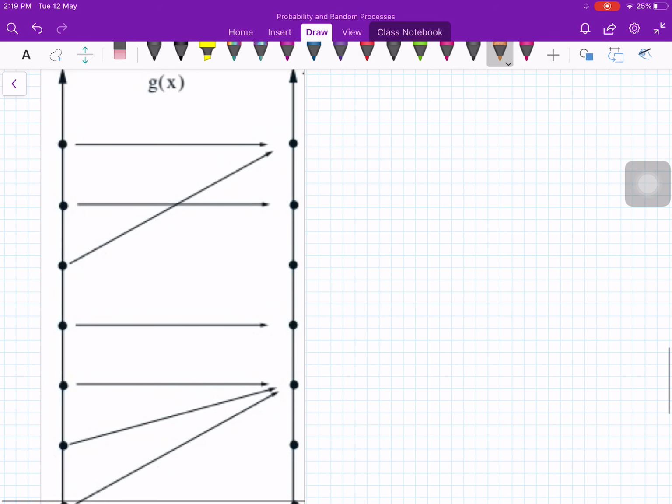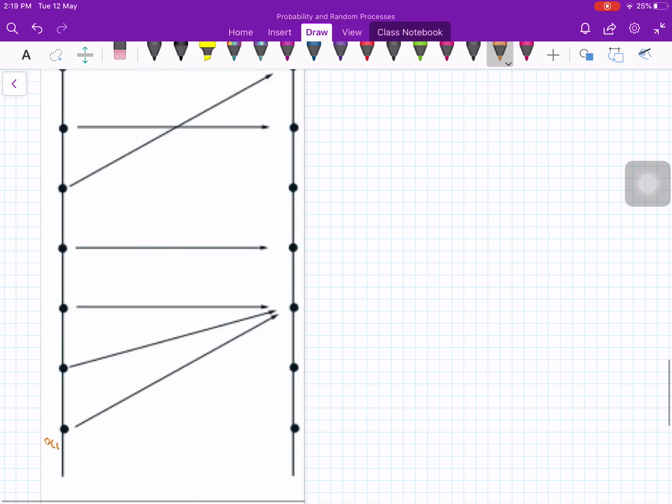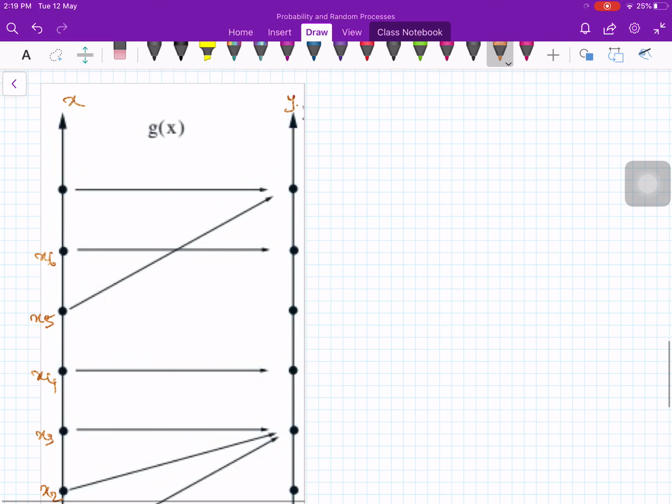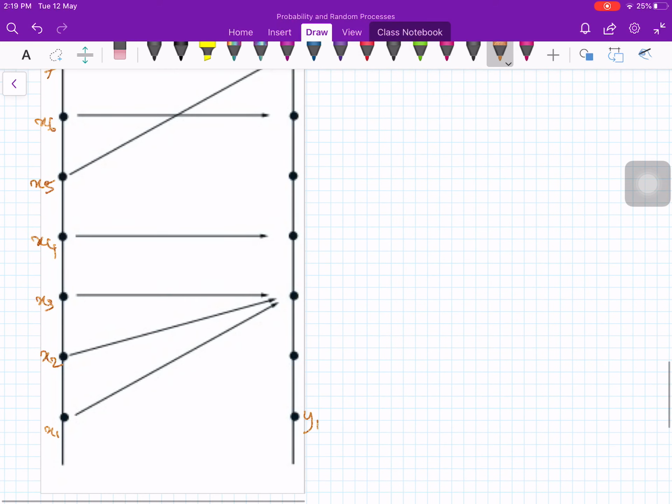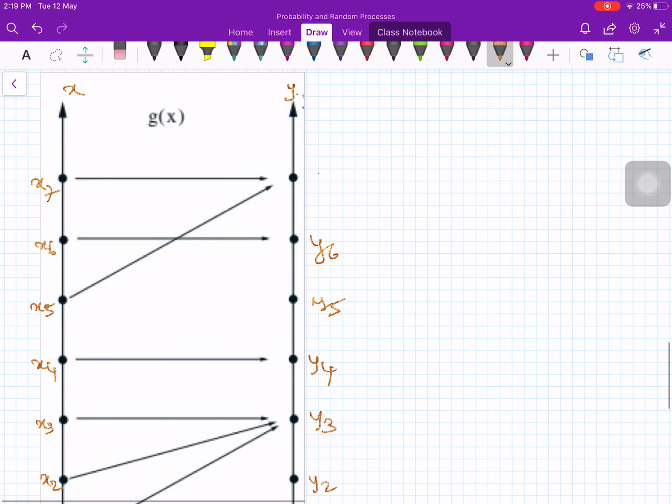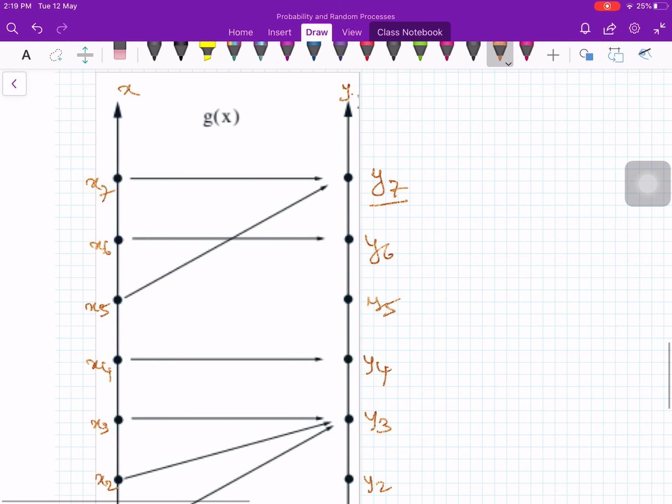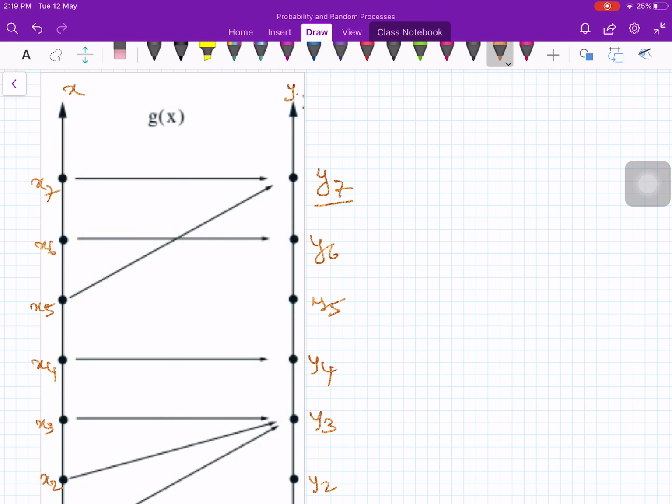Let's say this is x1, x2, x3, x4, x5, x6 and x7. Here similarly y1, y2, y3, y4, y5, y6, y7. So I have the relation like this, and we want to find the probability mass function for the random variable y.